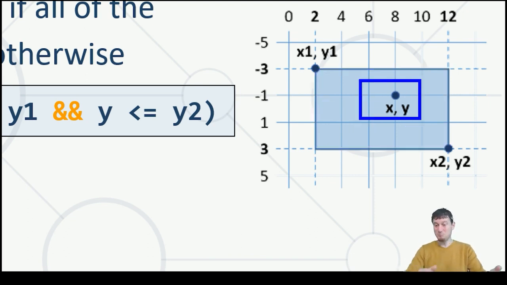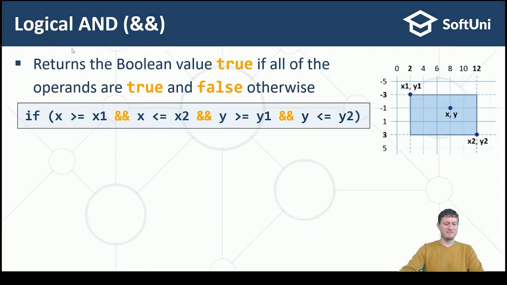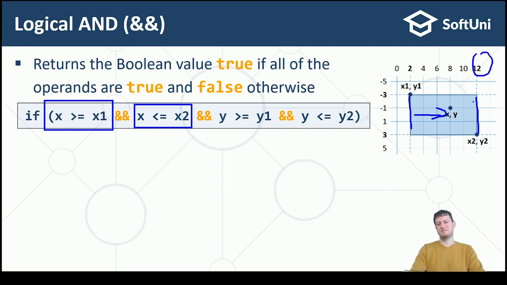Do you agree? Yes, it's true. So if the position x of this point is on the right from x1, and at the same time x is less than x2, which means left from here, and it is bigger than y1, which means this, and it is less than y2, which means this.